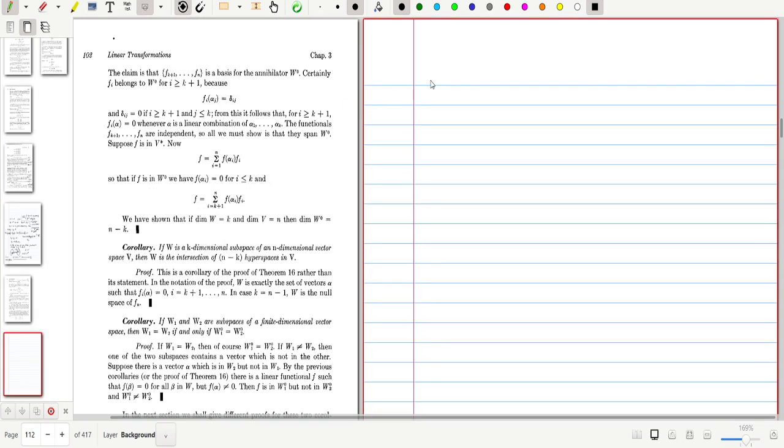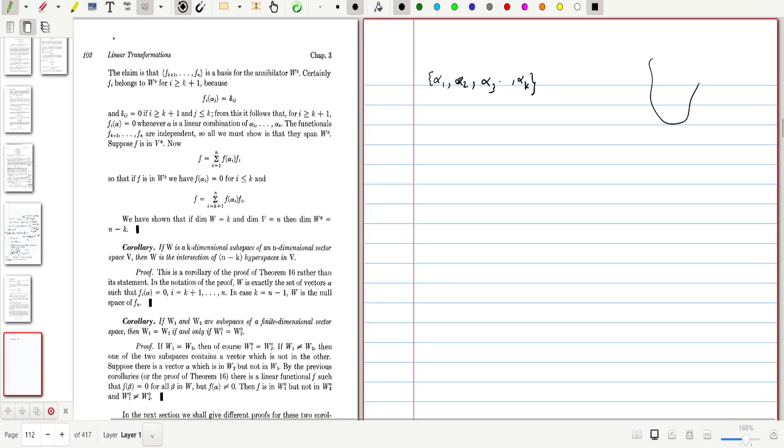We prove this theorem by starting with a basis of W: alpha 1, alpha 2, alpha 3, etc., alpha k. We have V here, and a subspace W here, and the subspace has a basis.